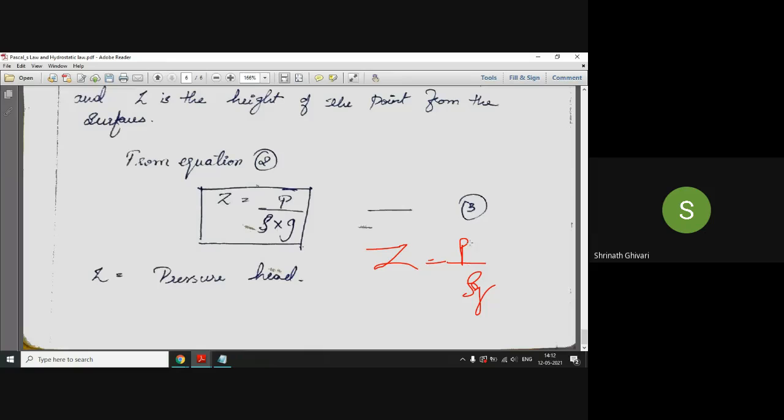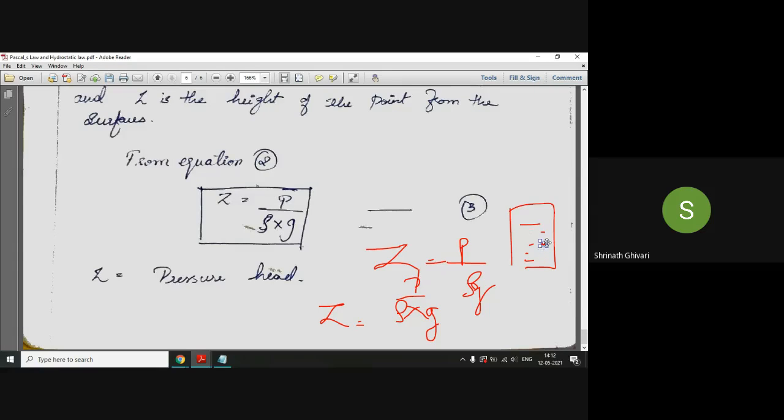If I want to measure the height, I know the pressure, I know which liquid is there, and I know the acceleration due to gravity. Consider that at this point in the mass the pressure is 2 bar or 3 bar, and I want to know at what height it is there.